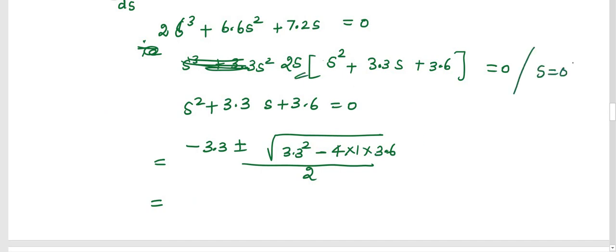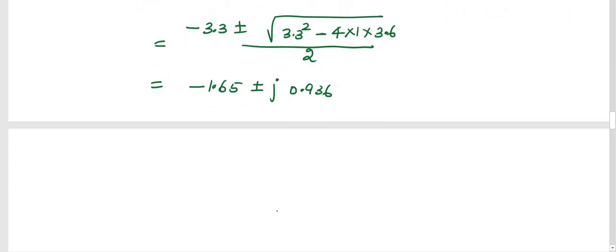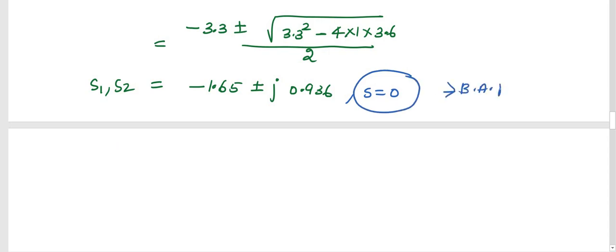The other two values are minus 1.65 plus or minus j 0.936. So there is no imaginary breakaway point. So the only breakaway point is s equal to 0. This is the breakaway point.